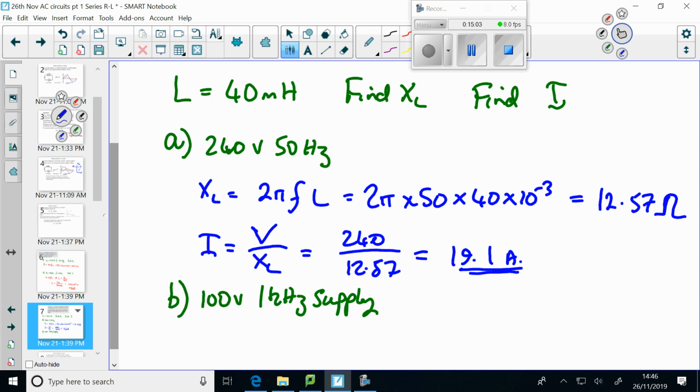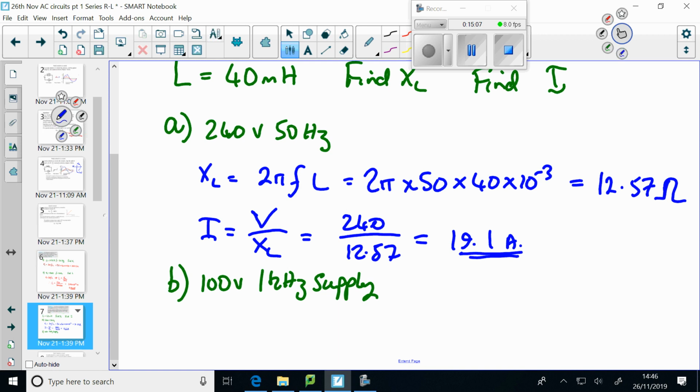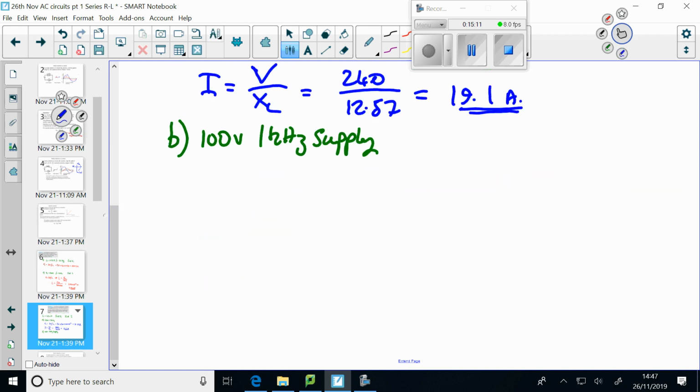Now, second circuit, 100 volts, 1K. You have to recalculate XL because the frequency's changed. So XL is 2 pi FL.